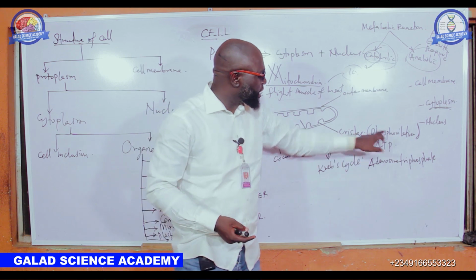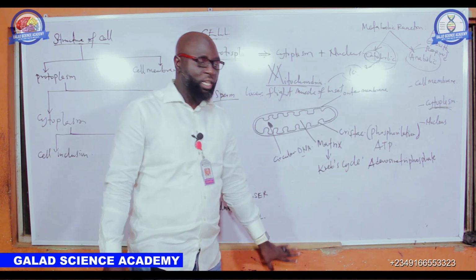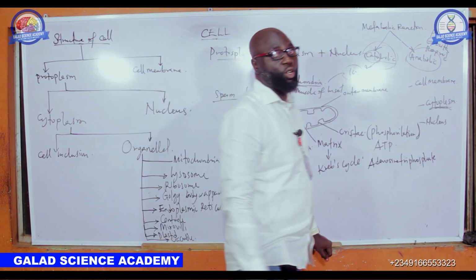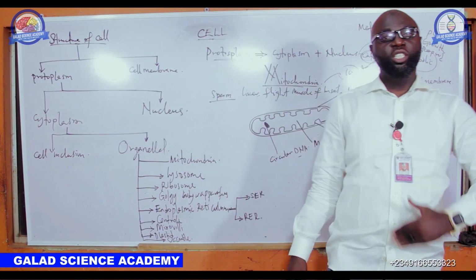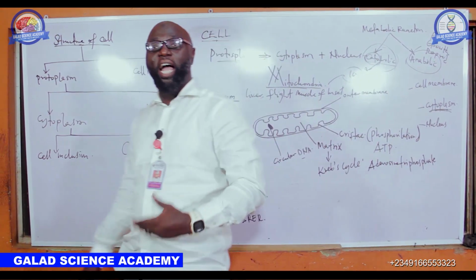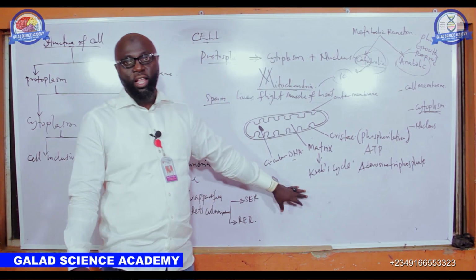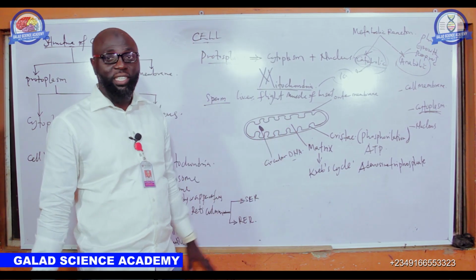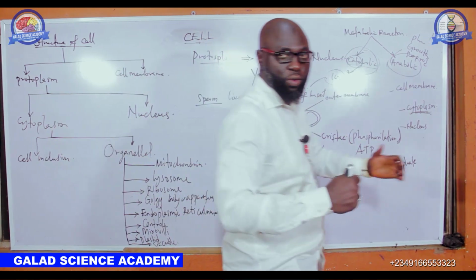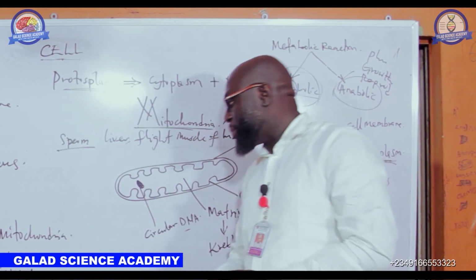Because phosphorylation takes place in the cristae and the Krebs cycle takes place in the matrix. The function of the mitochondria is cellular respiration, to generate energy as ATP, and it is known as the powerhouse of the cell. This organelle can be found in very active cells. That's all about the mitochondria.